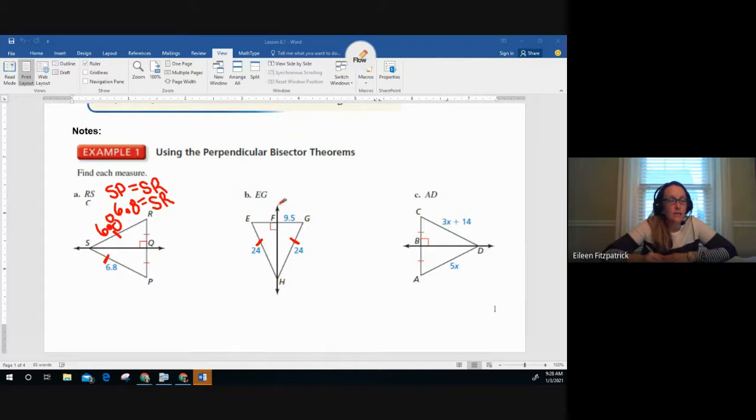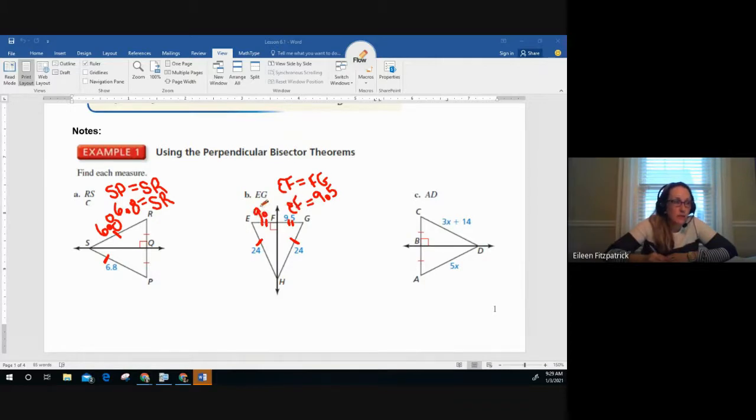So HF is perpendicular to EG, which we can see by the right angle symbol, but now we also know that it's bisecting EG. So EF is equal to FG. If FG is 9.5, that means that EF is also 9.5.